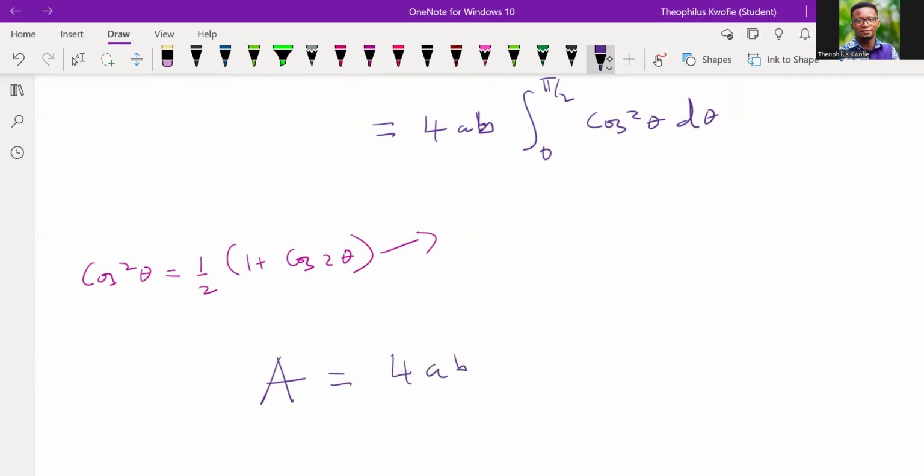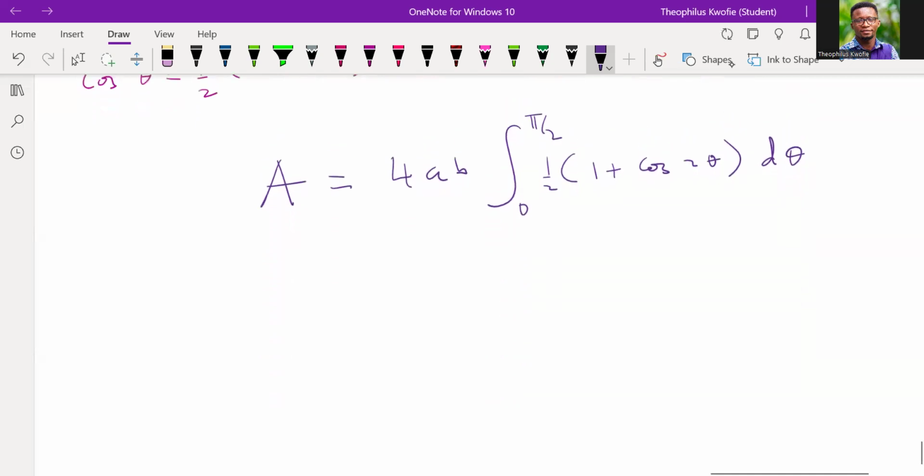For AB, we know that cosine squared theta is the same as half of 1 plus cosine 2 theta.